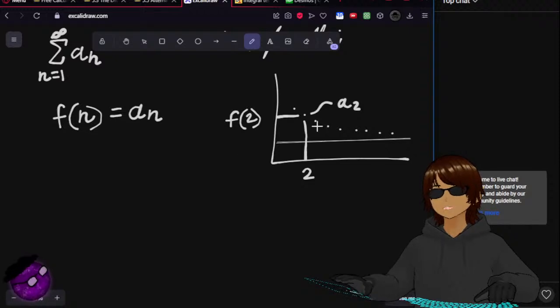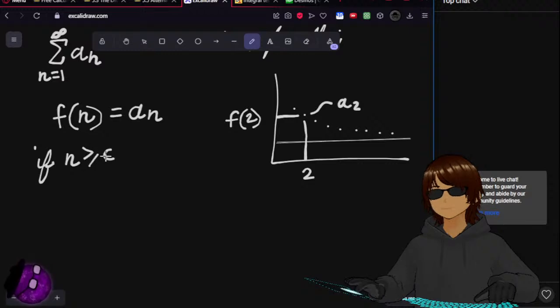Let's say there's a point C such that if n is greater than or equal to C, these start becoming equal.